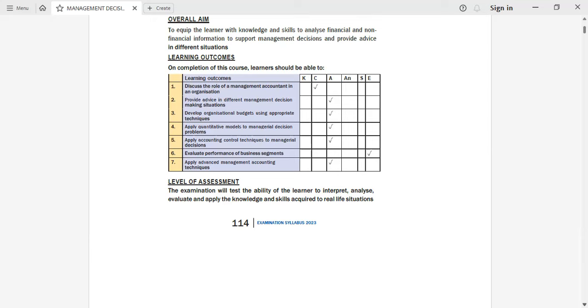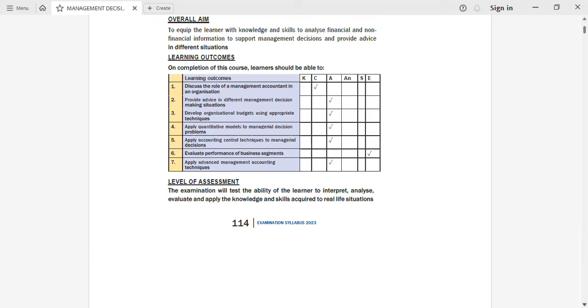Meaning the examination is going to be full of situations, or cases, that are actually happening. They may not name the exact company which is experiencing that scenario, but they may say maybe ABC Limited, T Limited, and all that, while relating to a company which is actually experiencing the same.